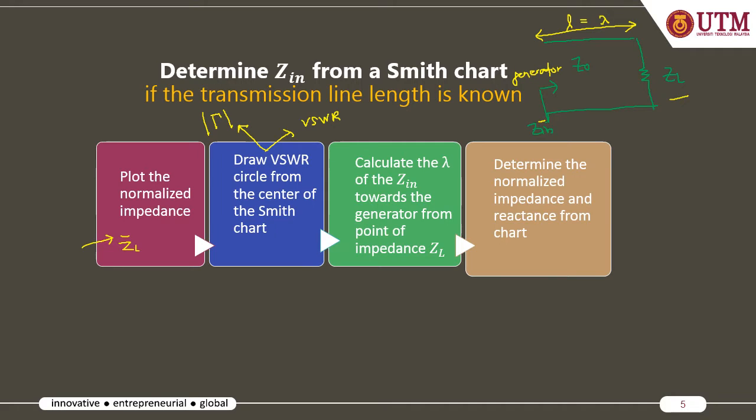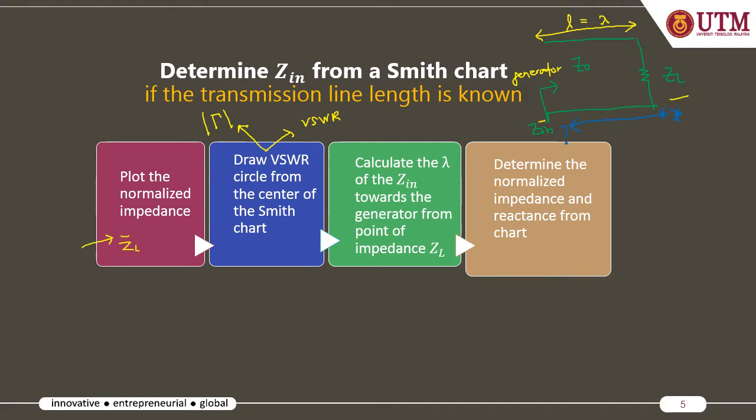Okay, since you know the load, you know the wavelength at this point. To get the wavelength at the input point, you need to refer to the sidebar, looking towards the generator.